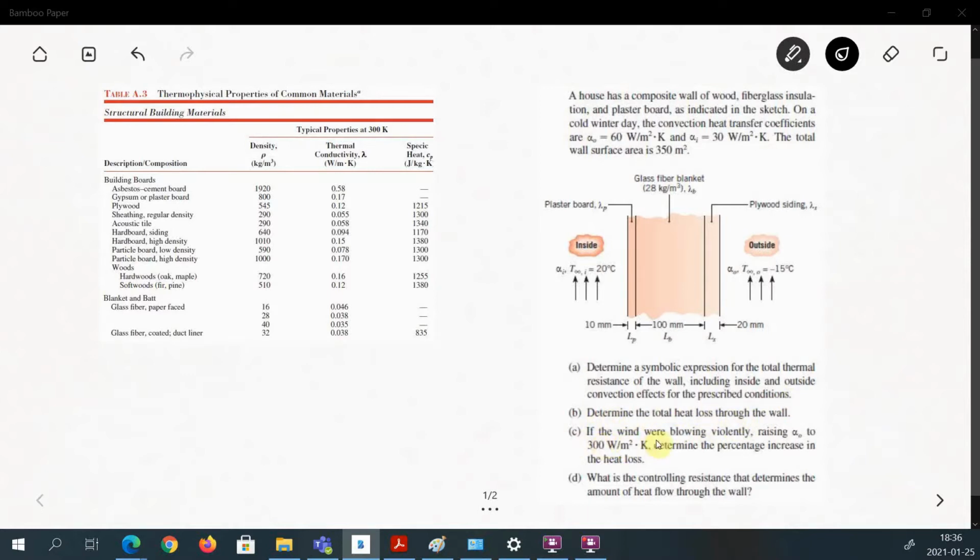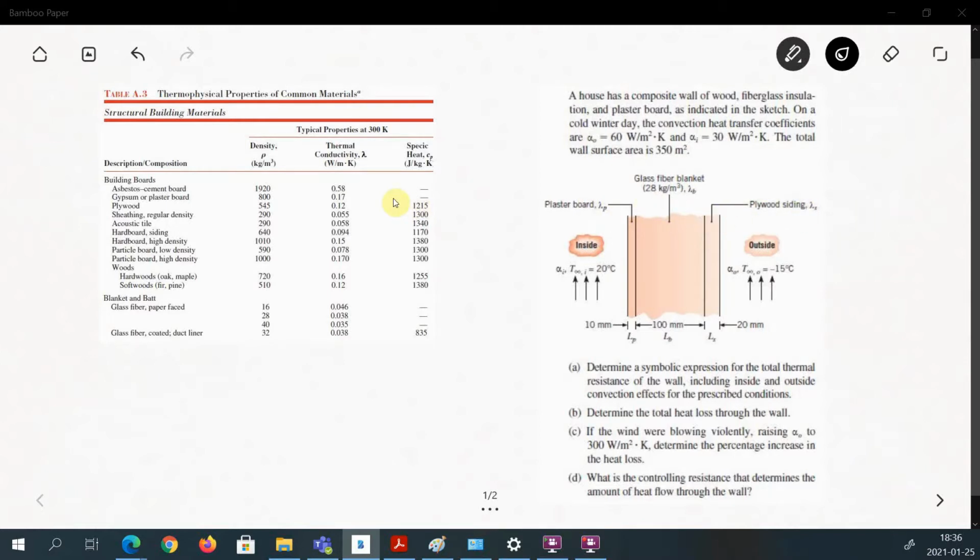Third, if the wind were blowing violently, raising the alpha outside to 300 watts per meter square Kelvin, we need to determine the percentage of increase in the heat loss. And last, we need to answer this question: what is the controlling resistance that determines the amount of heat flow through the wall?